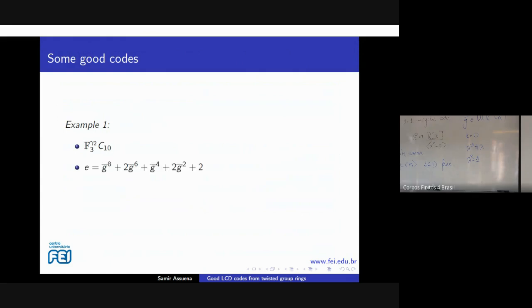So we are taking here the finite field with 3 elements, the cyclic group with 10 elements. It's not difficult to see here. I will just show the expression of the idempotents here. This is just an idempotent in this group algebra.